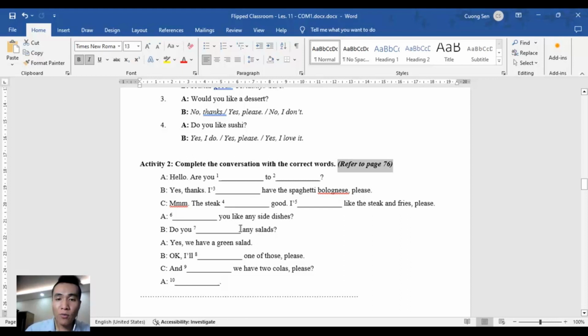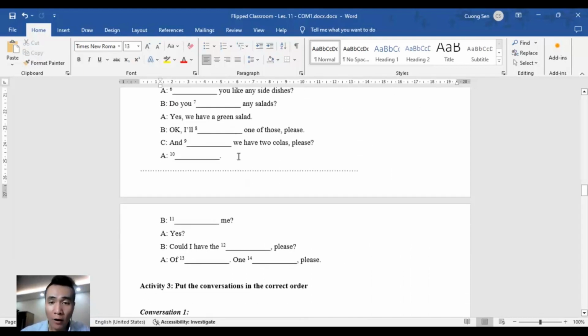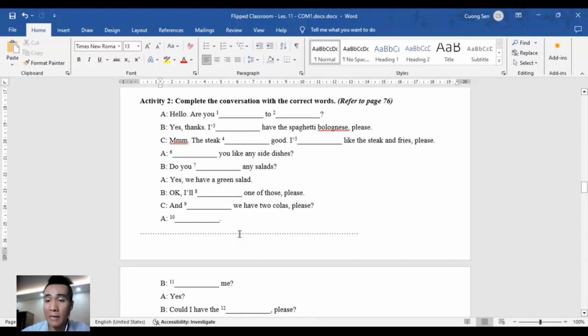When you run out of ideas, you can look at the page and complete it yourself. If you're not sure about your answers, just give them back to me and I'll give you the answer. We have 2 parts, part 1 and part 2. The answer is always on page 76, but try to do it first.